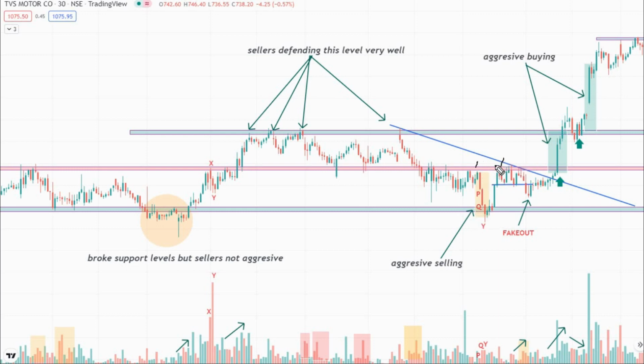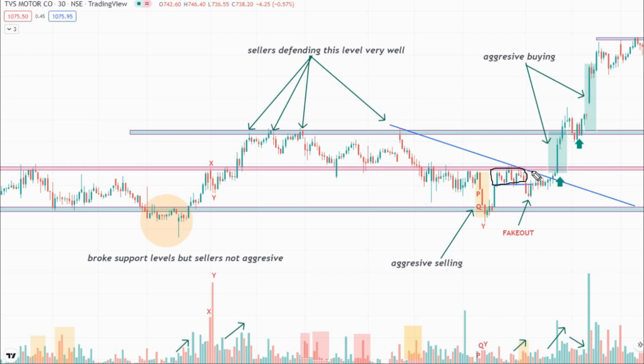Okay, and then again sellers tried to push the prices towards the downside, but we saw a price volume divergence at these two candles. Okay, see, prices were consolidating just below the resistance zone.